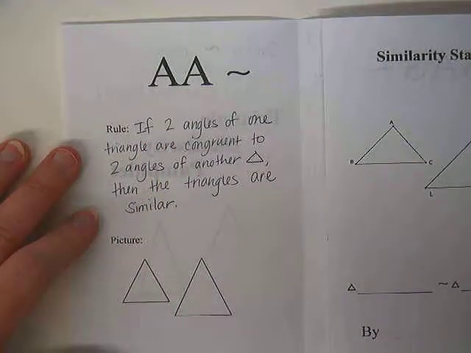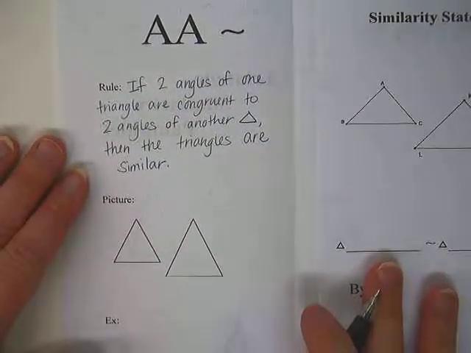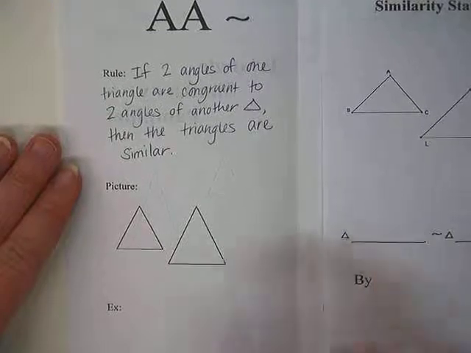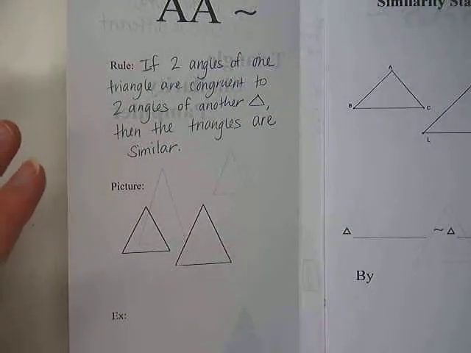They will be the same shape but different sizes if we don't know that the lengths are the same. Okay? If 2 angles of one triangle are congruent to 2 angles of another triangle, then the triangles are similar.